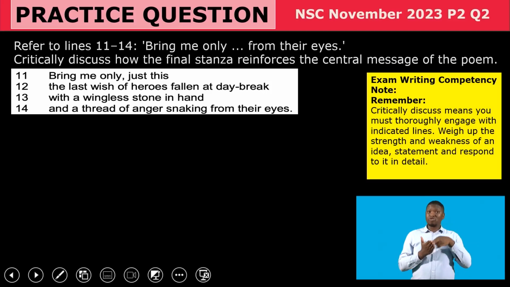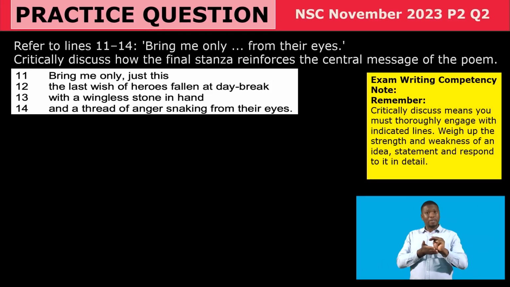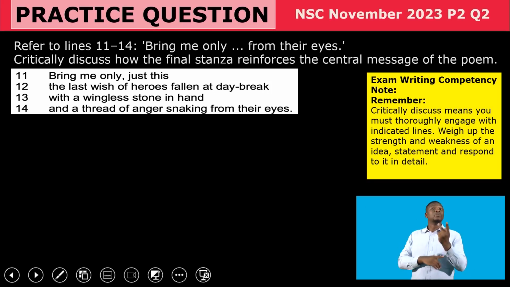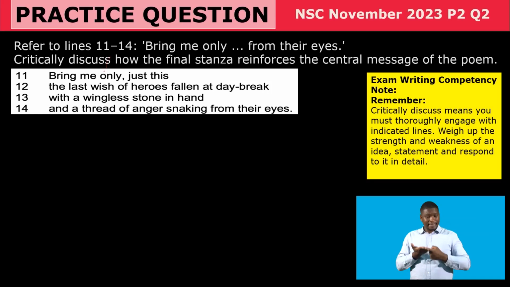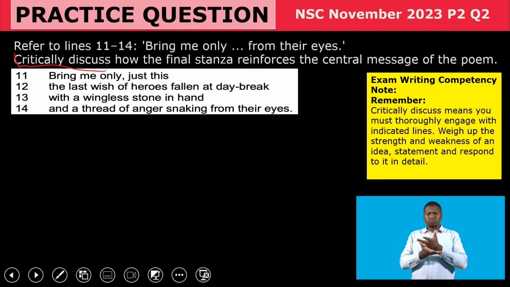When you refer to the effectiveness or critically discuss how it reinforces a central message, you must actually refer to the specifics, looking at the diction, looking at the images that you possibly find within these lines. Remember, critically discuss refers to thoroughly engaging with these lines.